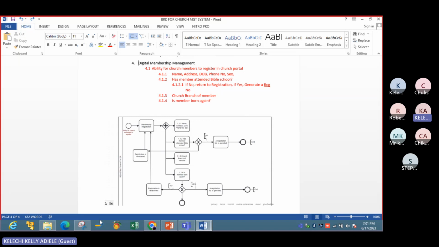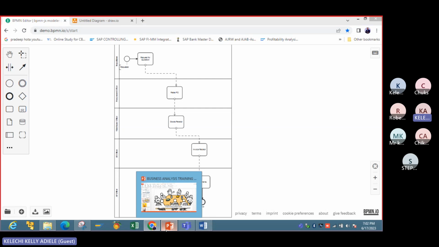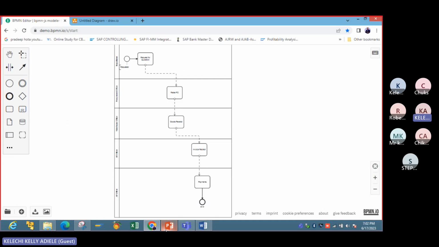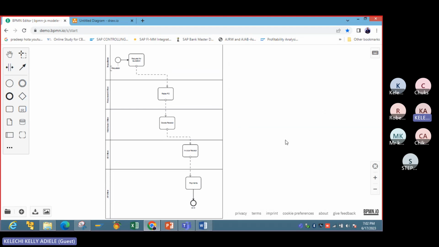Okay, so this is just me giving you an example of how you can use your pool and how you can link the activities down to the end. All right, so the next thing we're going to do, I can also screenshot this. I'll just put it there for example, so that in case you want to also do yours like that, you can just do that.